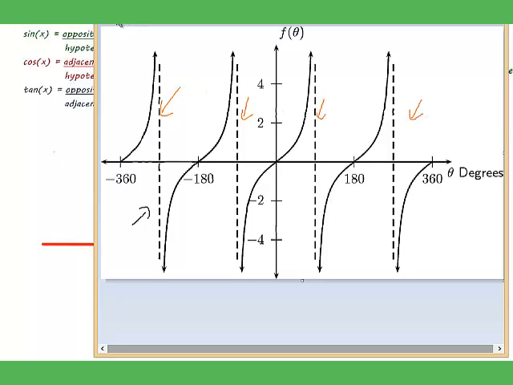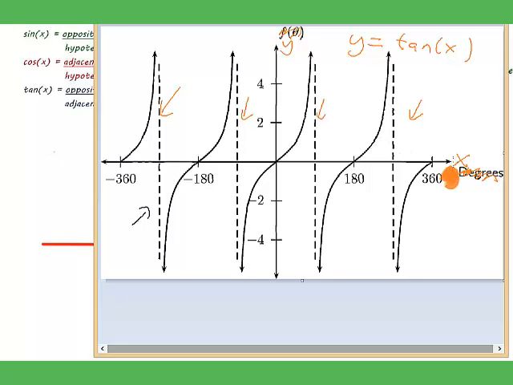The dotted lines actually signify an asymptote, which means that when, let's make this x, and let's make this the y-axis, and say that y equals tan x.